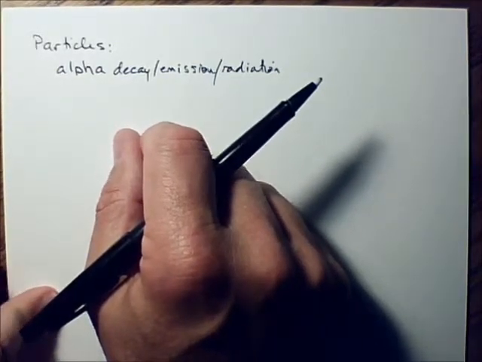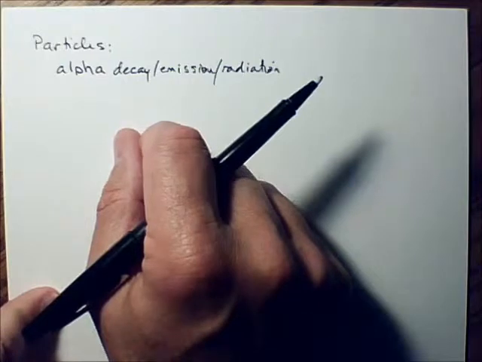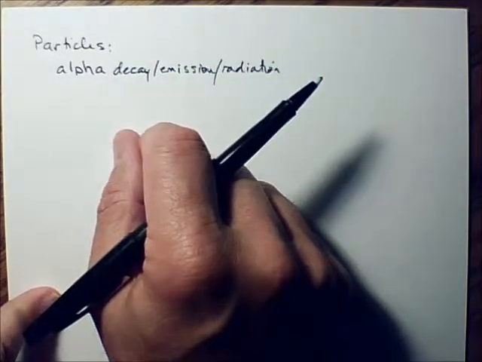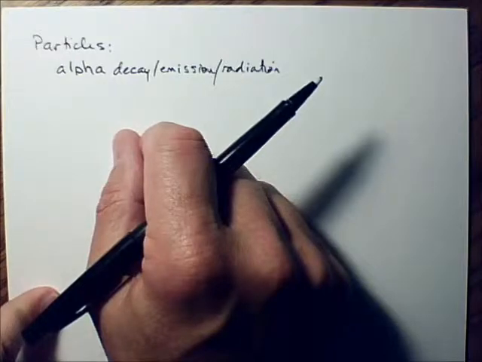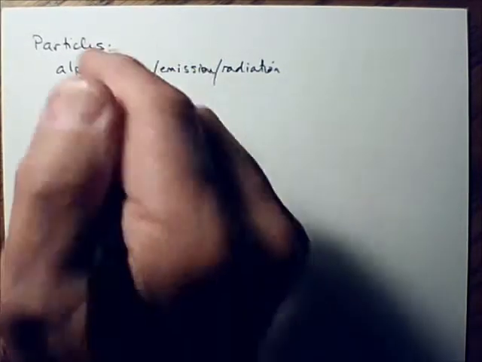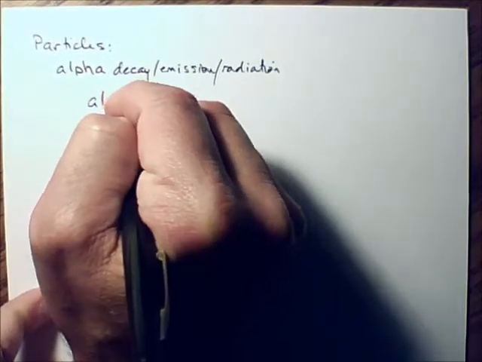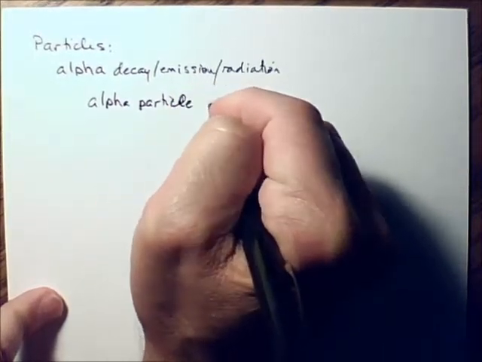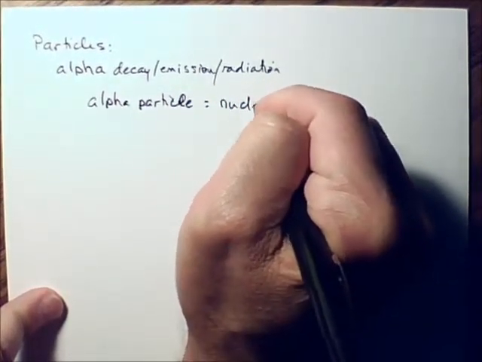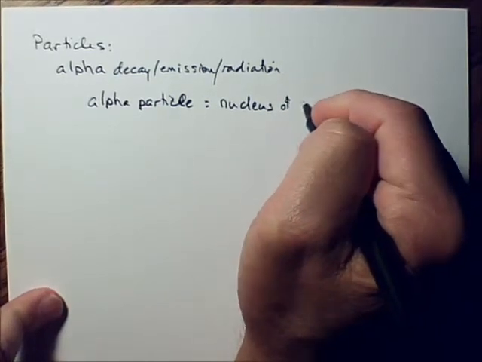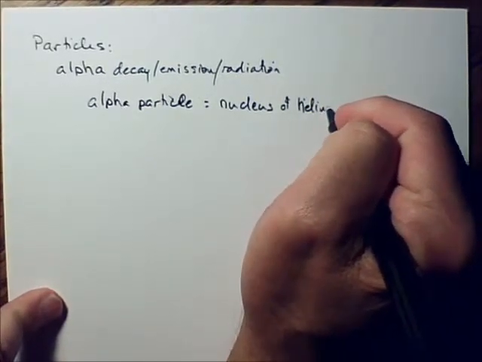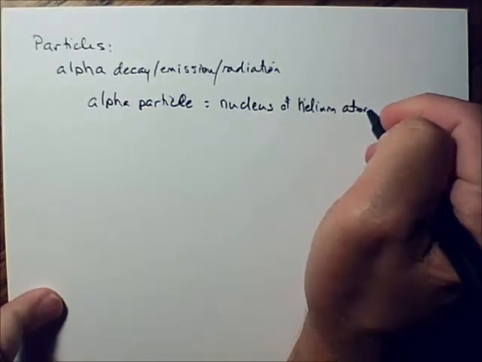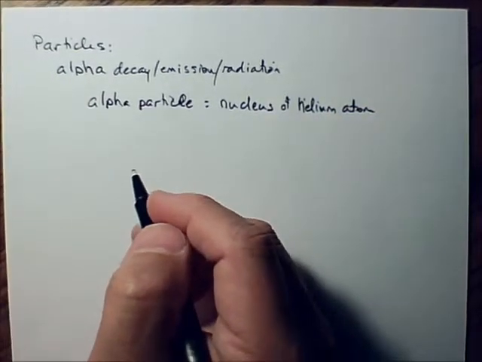Now let's talk about what an alpha particle is first. For all practical purposes, the structure of an alpha particle, what it's made of, is the same as that of the nucleus of a helium atom.